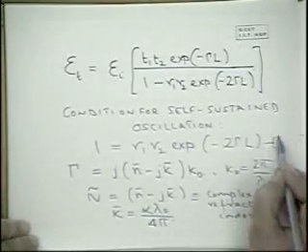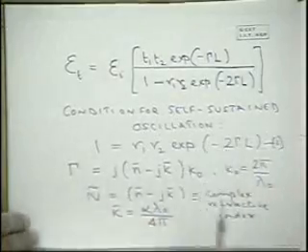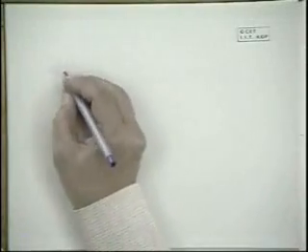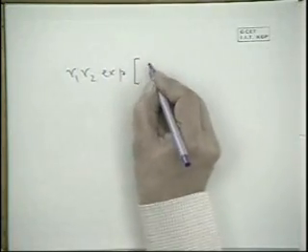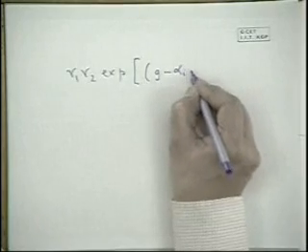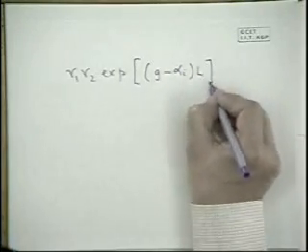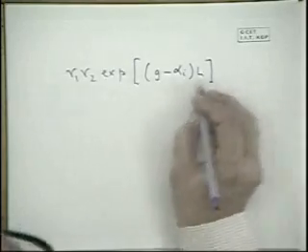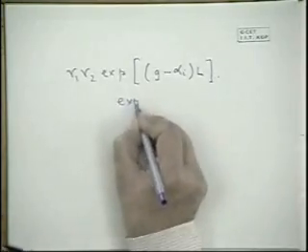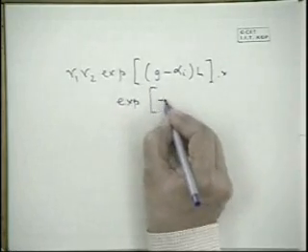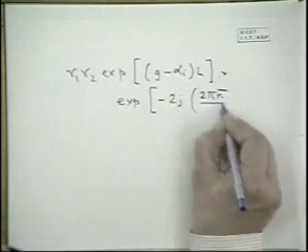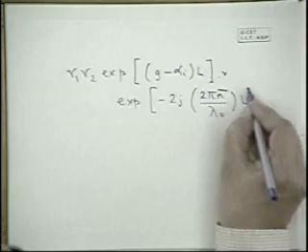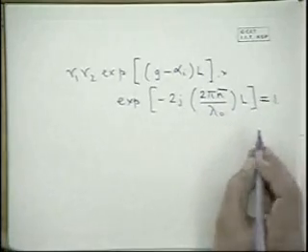So if we substitute the value of gamma into this, then that equation becomes R1 R2 exponential of (G minus alpha I) into L, into exponential of minus twice j 2 pi n bar by lambda 0 times L, is equal to 1.